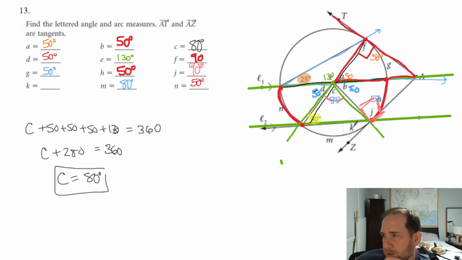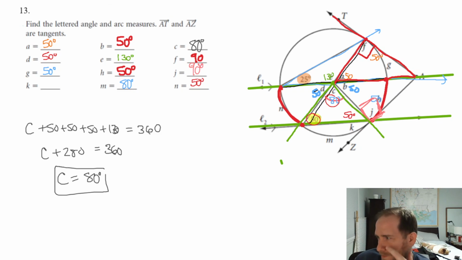And okay. Alright, let me explain a couple ways here again. If I've got the 50 and the 80, I could add those up. That'll make 130. And 180 minus 130 tells me that this angle is 50.